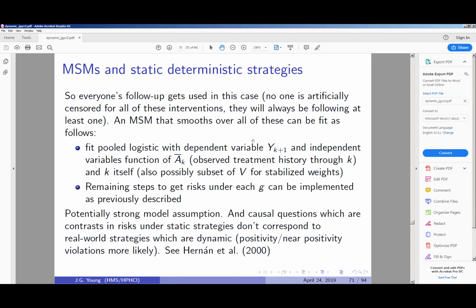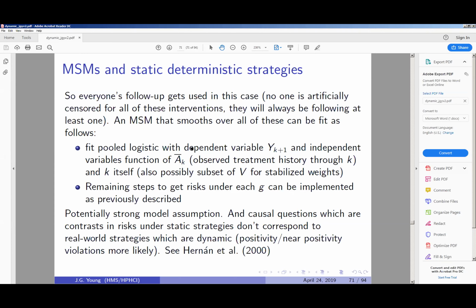But here, I should have maybe created some data set examples. The point is that you're contributing by just using this algorithm without artificial censoring. Here's a better explanation. Let's say we consider k equals 0 through k equals 3.